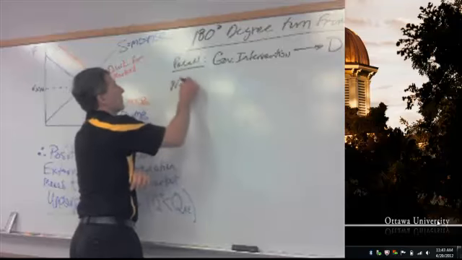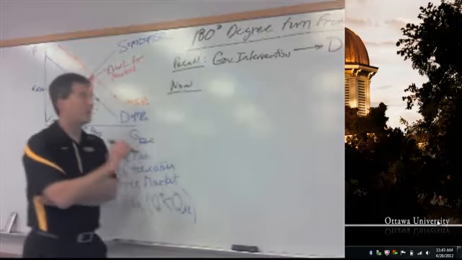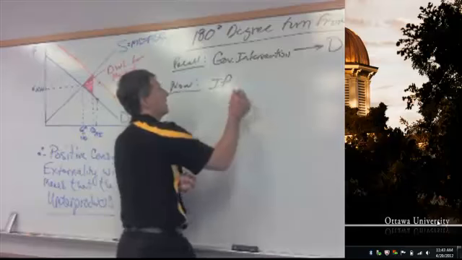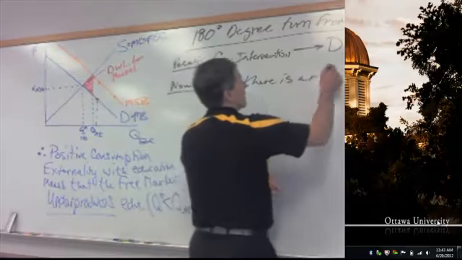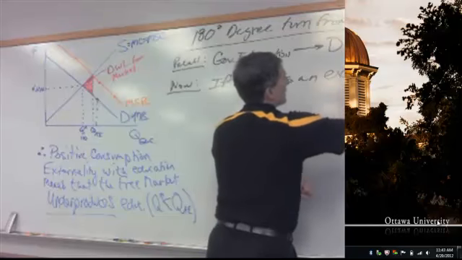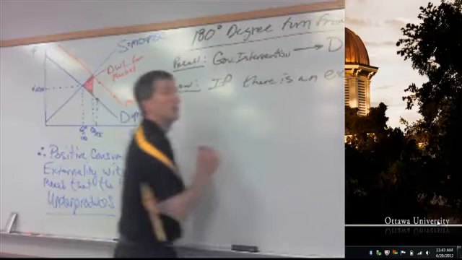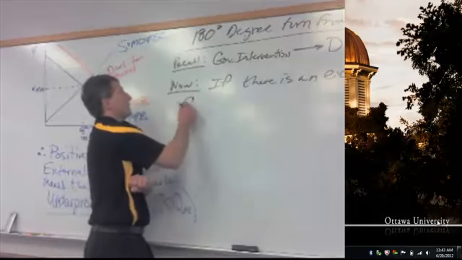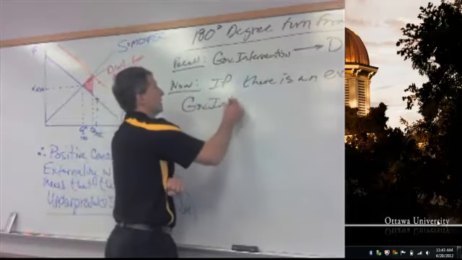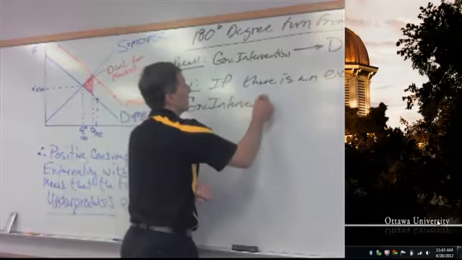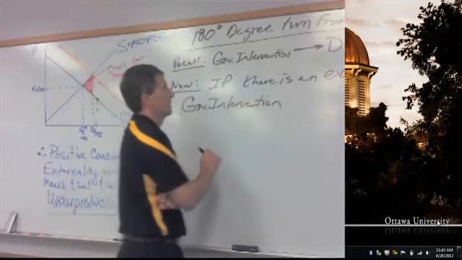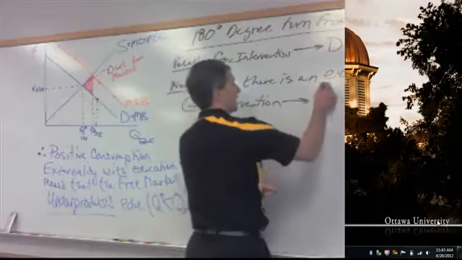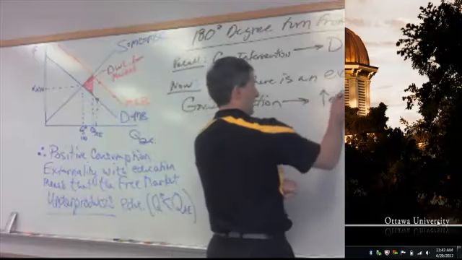Now, if there is an externality, government intervention may be able to remove the deadweight loss, may lead to an increase in efficiency.